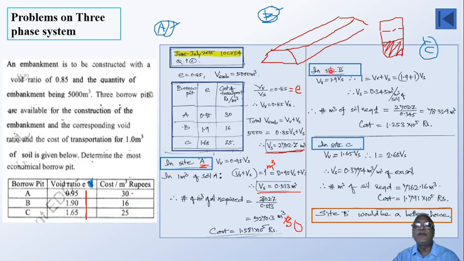If I bring 1 meter cube of soil from site B, I'll be bringing only 0.345 meter cube of solids. But how much is my requirement?